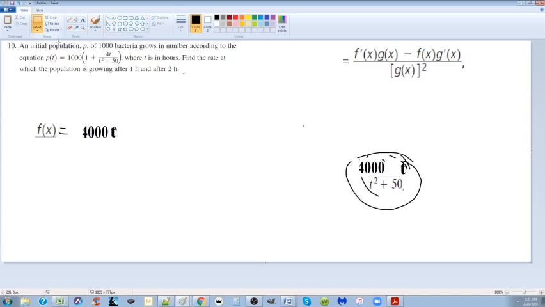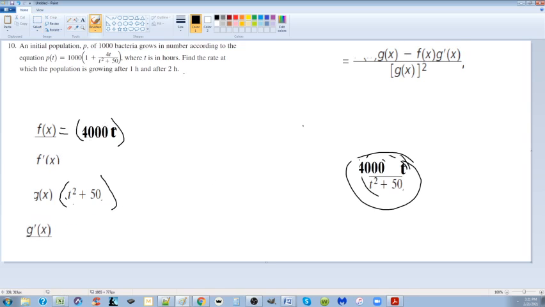Okay, and then I'm going to assign, sorry, that was just a message coming in. And then I'm going to assign the numerator as this, and I'm going to find their derivatives. It really helps, as I've always said, to put everything in brackets. And that'll keep your terms together. And I need to find the derivative of f of x and the derivative of g of x.